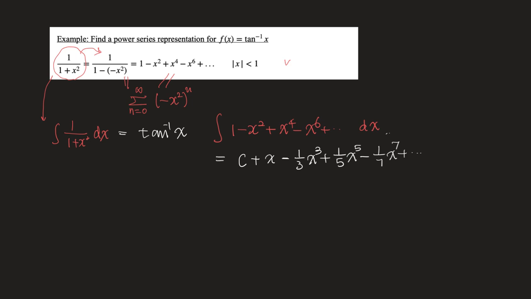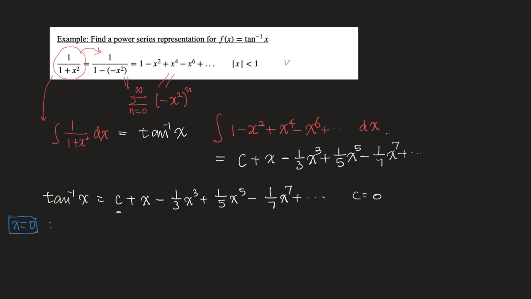Now, integrate the left side, arctangent. Integrating the power series on the right side gives c plus x minus 1 over 3 x cubed plus 1 over 5 x to the fifth power minus 1 over 7 x to the seventh. First, find the c value. Plug in x equals 0, the center.